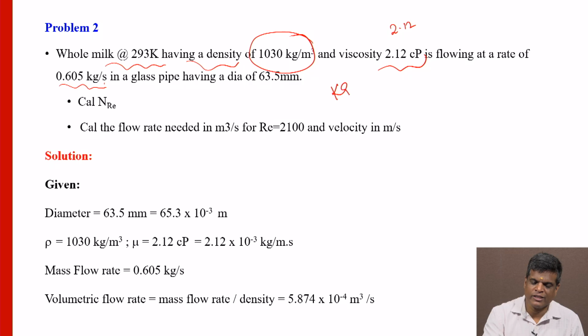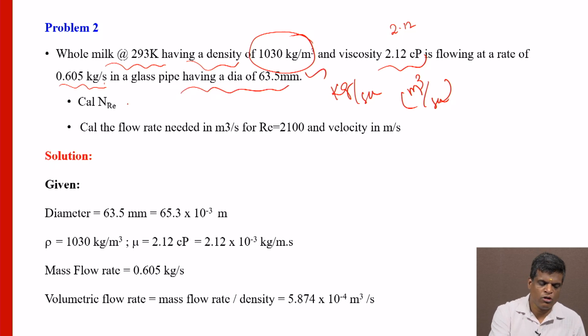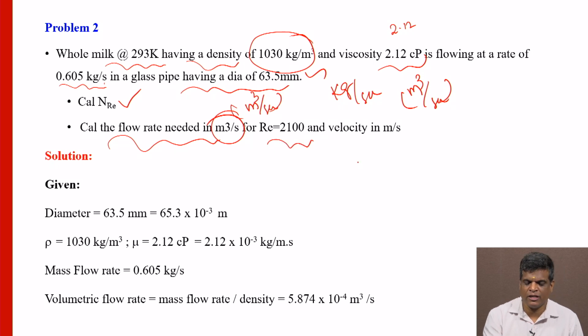Mass flow rate we always write kg per second, volumetric flow rate we write meter cube per second. In a glass pipe having a diameter of 63.5 millimeter, calculate NRE, the flow rate in meter cube per second for a Reynolds number we kept as 2100, and velocity.